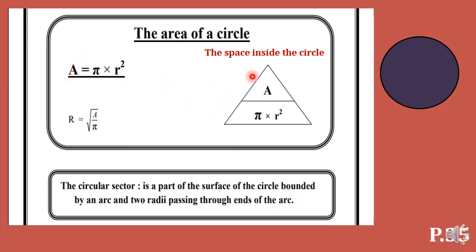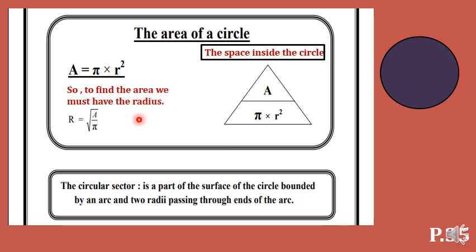We have a magic triangle for this rule. So to find the area, we must have the radius. And if I want to find R, I'm going to use this magic triangle. R equals square root of area over pi.